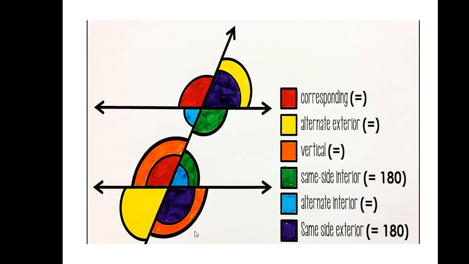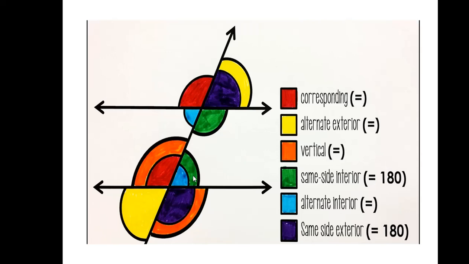Then same side interior equal to 180 is given. Same side interior means same side of the transversal, and interior means in between the two parallel lines. The sum of the same side interior angles is equal to 180 degrees.